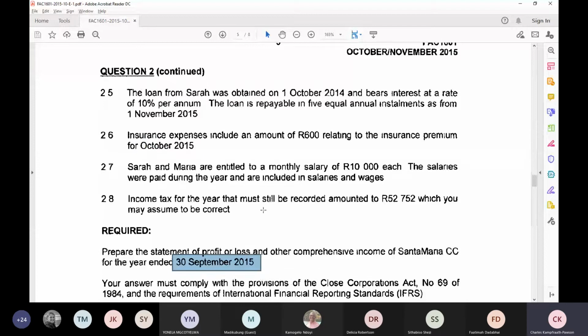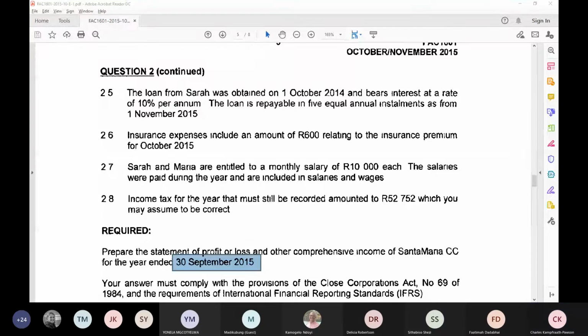So we can't include in the 30 September 2015 statement of profit or loss an expense that relates to the next year. We need to take it out of this year's expense and include it in next year's expense. Everybody happy with that? Yes. Okay, 100%.